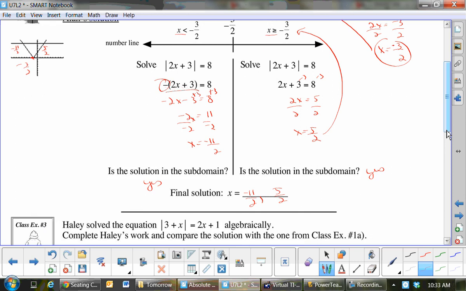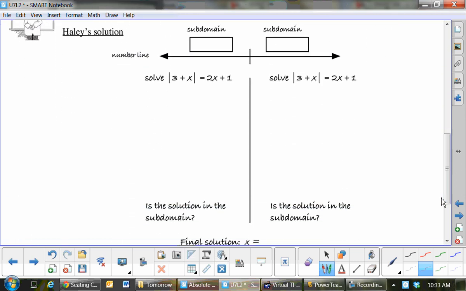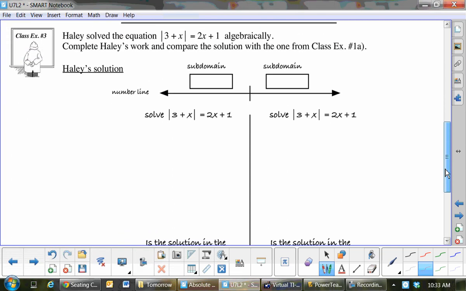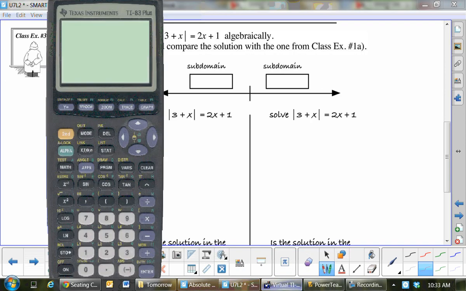We're going to do the same routine. Okay? Now, what should I do first? Graph it, yes. What am I graphing? Left side, which is, well, turn on y equals absolute value of 3 plus x.